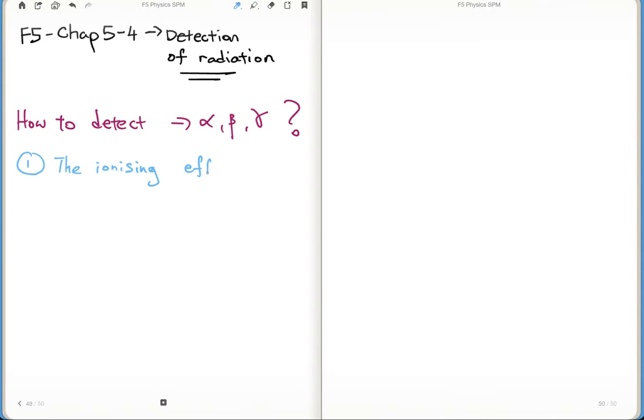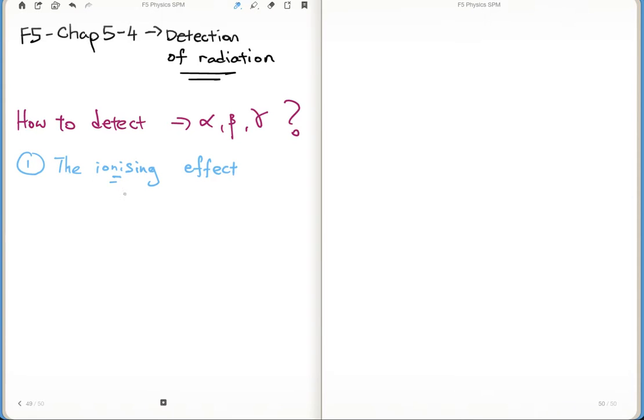So if the air is being ionized, then you can conclude that there is radioactive material around, but you can't tell whether it's alpha, beta, or gamma, nor what element it is, unless you make further analysis. So you make use of the ionizing effect.